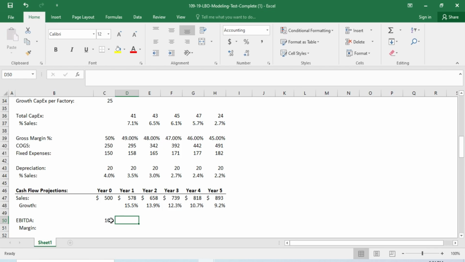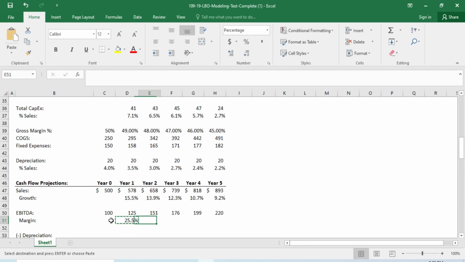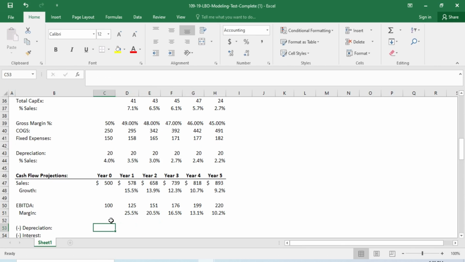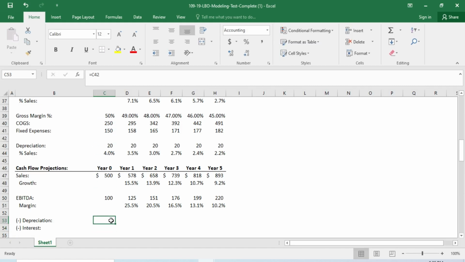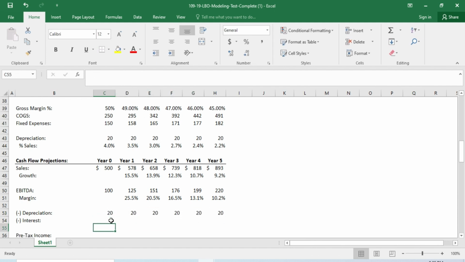Okay, EBITDA is sales minus cost of goods sold and minus fixed expenses. Growth is new divided by old minus 1. Depreciation is, interest. We will add this later.